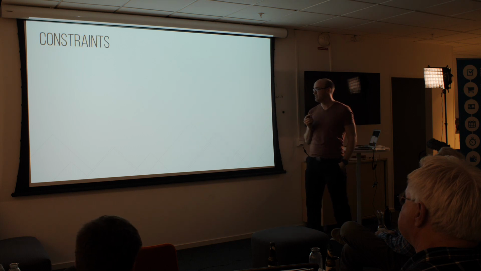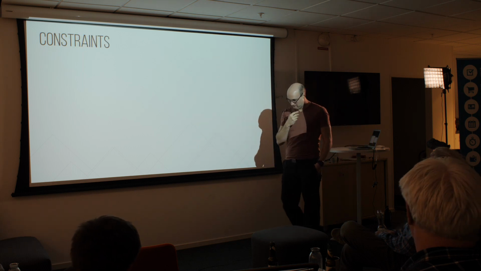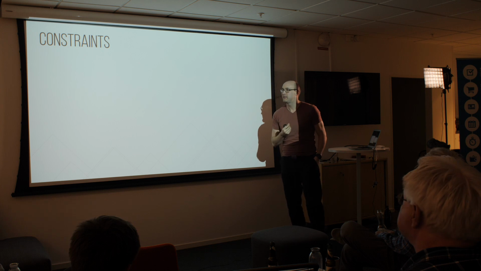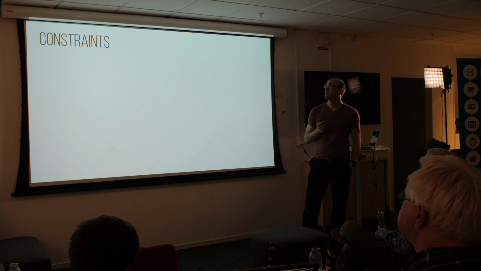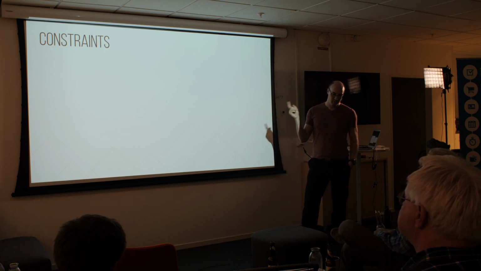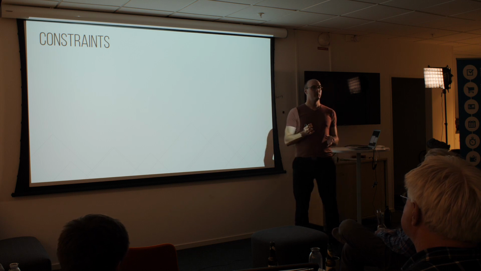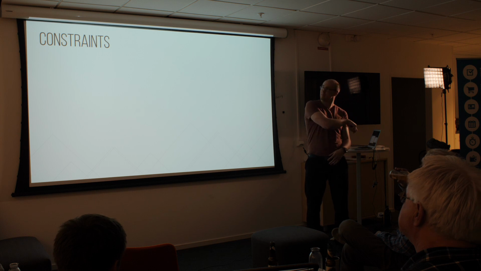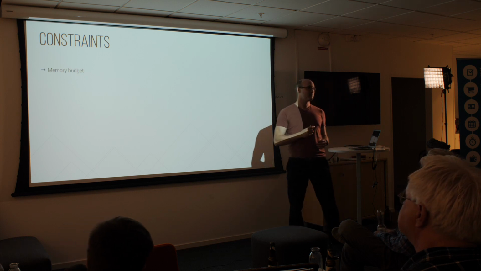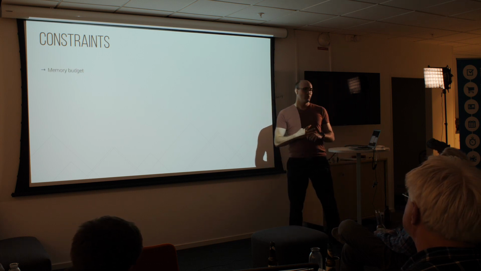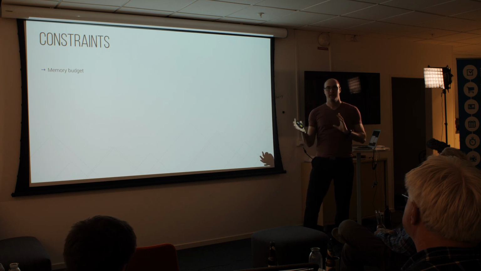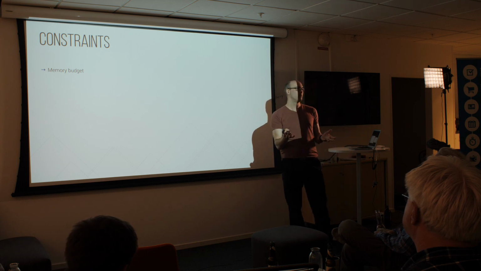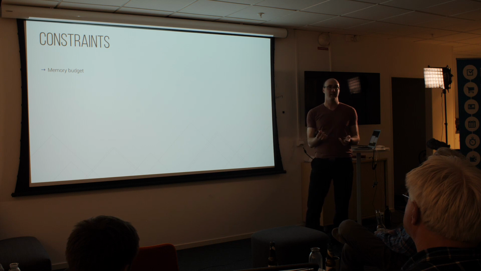Instead, I'm going to talk about a few things that we need to take into account. The constraints are a bit different when you work with a game. First of all, you have a memory budget. Typically on a PC, when you have your Chrome, it's not uncommon that it takes a gigabyte of RAM.